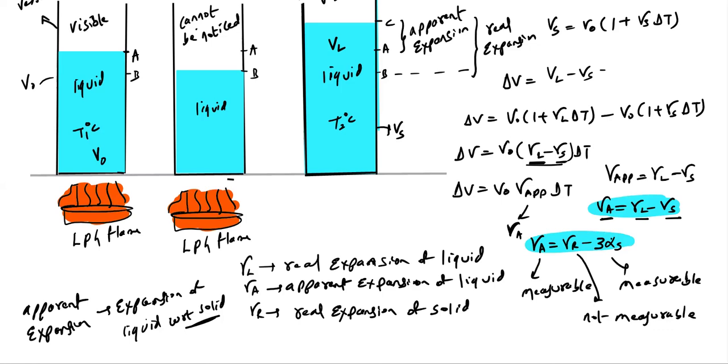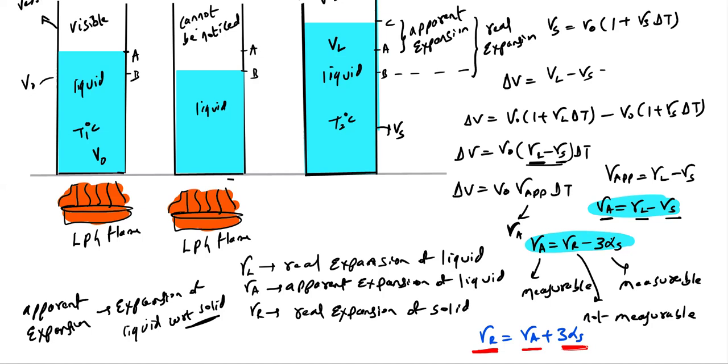So therefore, the formula now will become gamma R equal to gamma A plus 3 alpha S. In most of the cases, the solid will be chosen as glass. So the real expansion of the liquid is equal to expansion of liquid with respect to solid plus 3 times of linear expansion of solid.